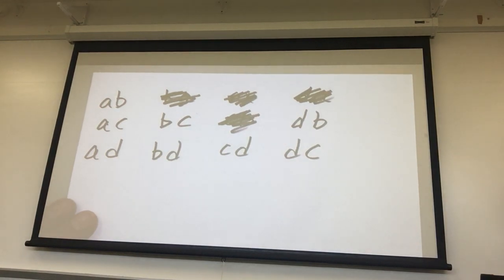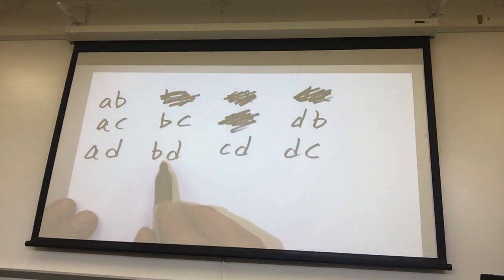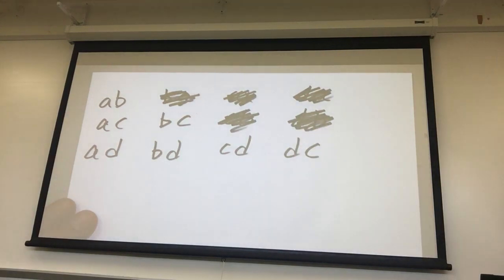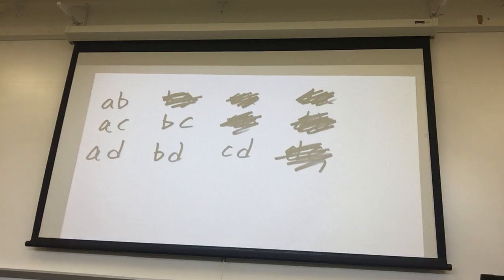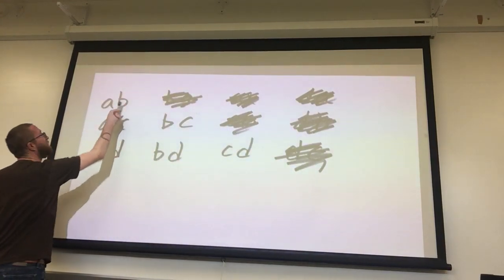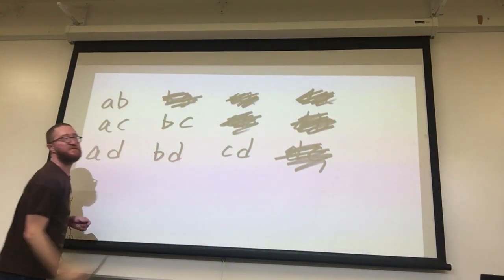They're the same thing. And when I go down to BD, well, what is that going to eliminate? It eliminates DB, because those are the same. And CD with DC knock each other out. And so what do we end up with? Possible subsets of this would be 1, 2, 3, 4, 5, and 6.